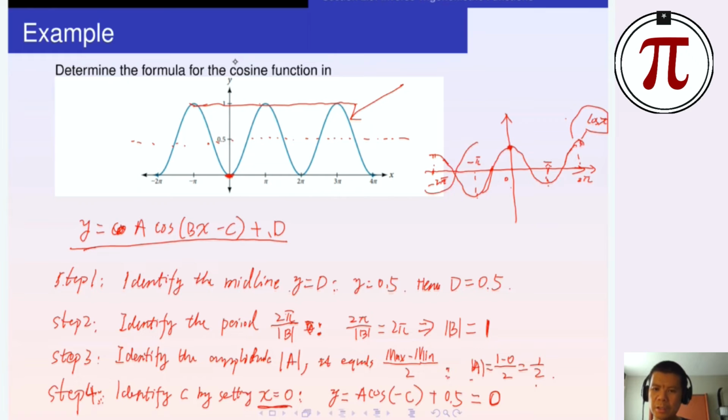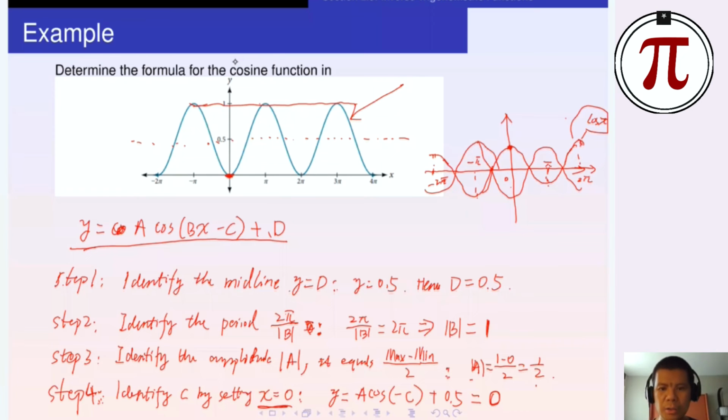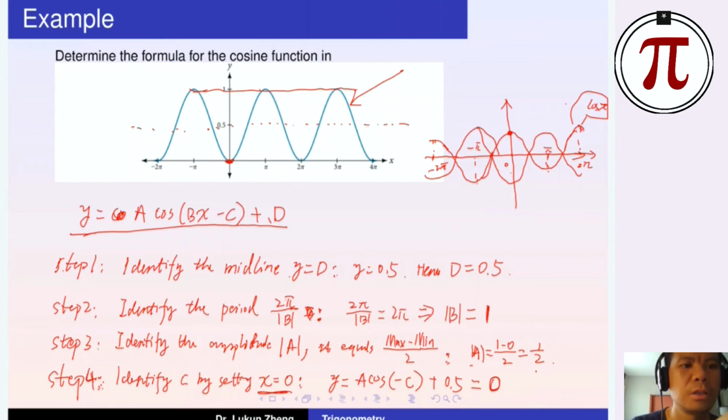I should have used a different color. So this blue curve is going to be a negative cosine x.